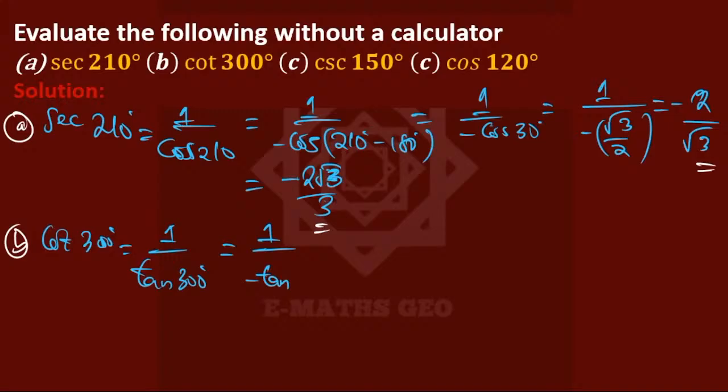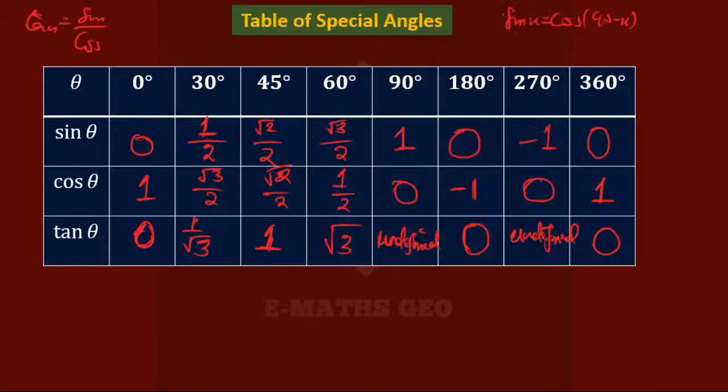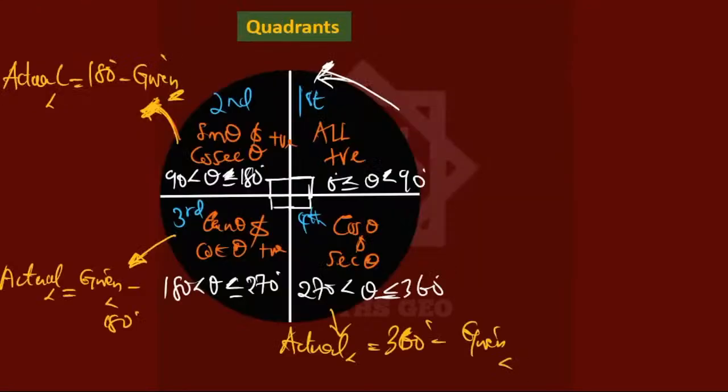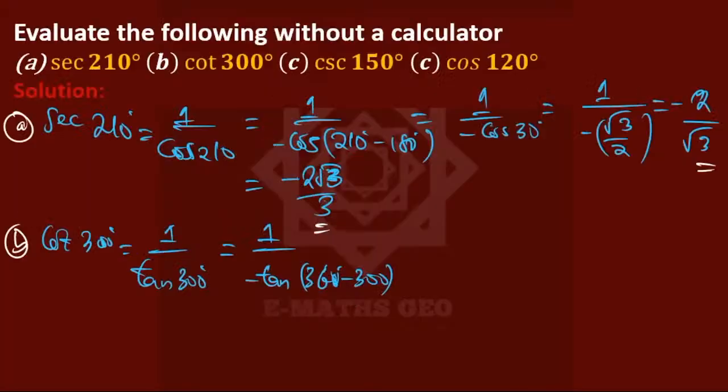The conversion we use is 360 minus the given angle, and the given angle is 300.